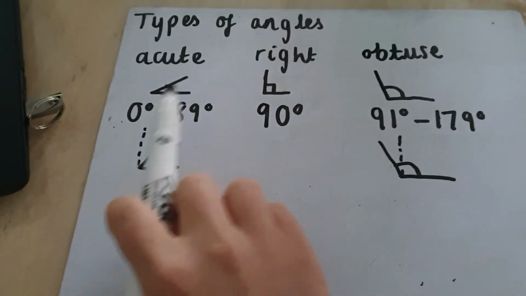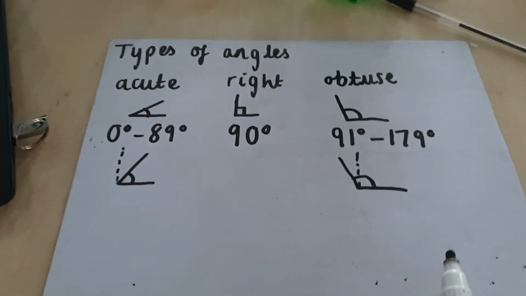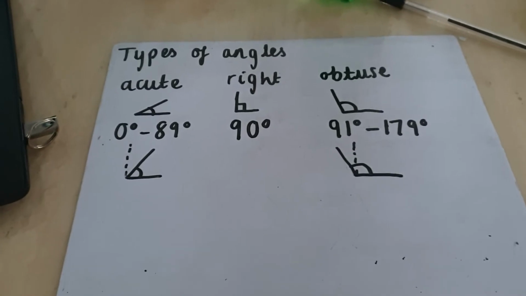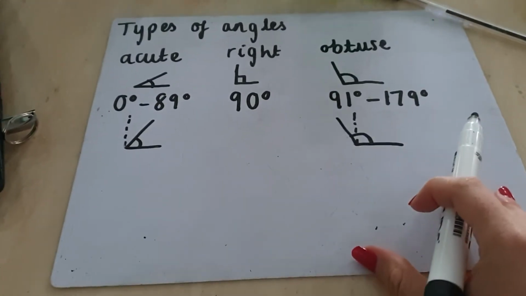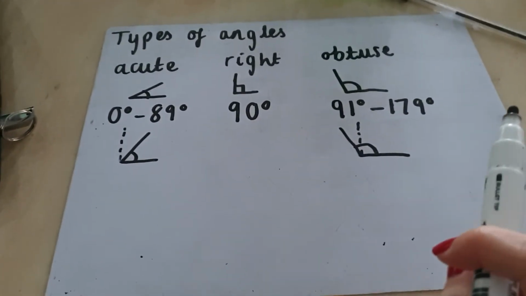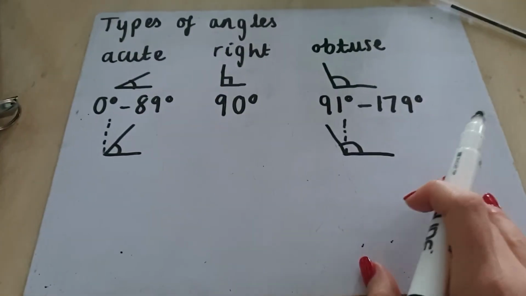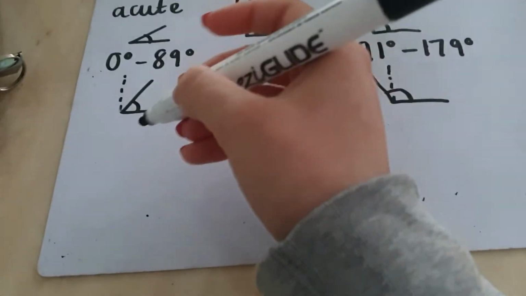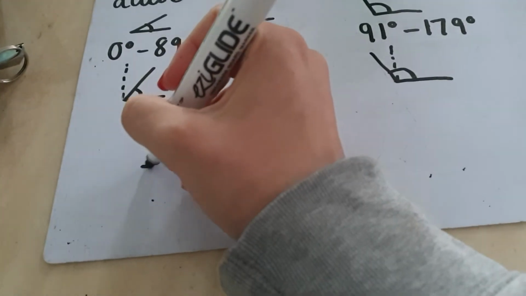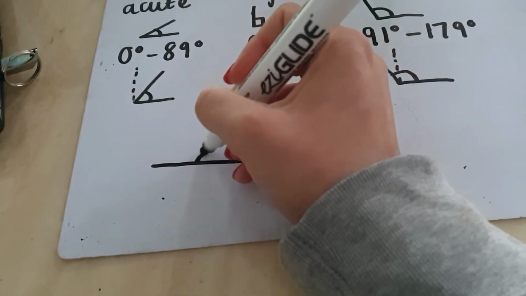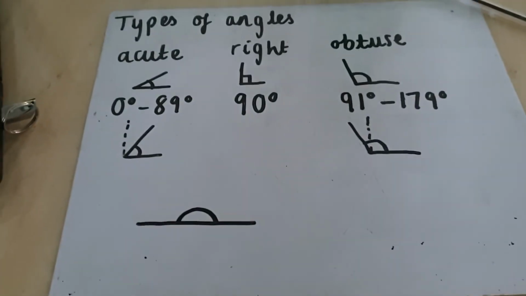Now, these are the 3 main angles that you will learn in year 4, okay? But I think for the process of whilst you're at home, it's important to discuss these other 2 that you may come across and you may get questions on, especially as you're going on to your challenges. The next one is a straight line, okay? And you'll see it just looking like this.